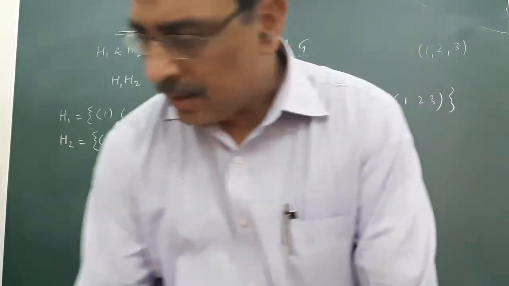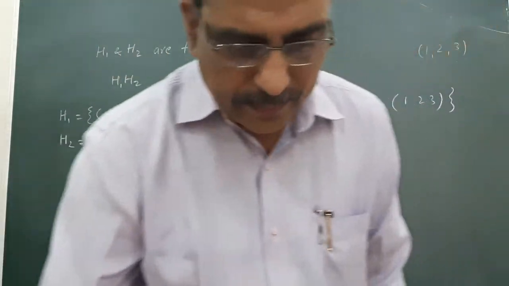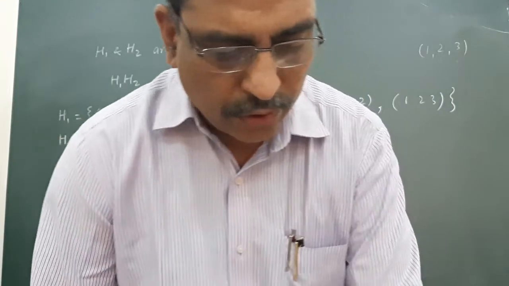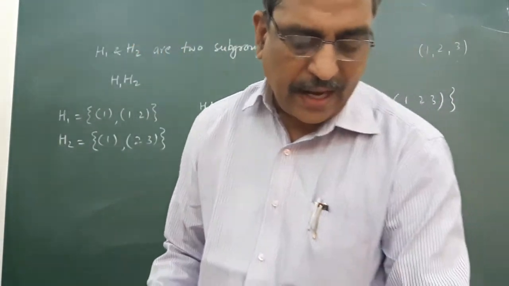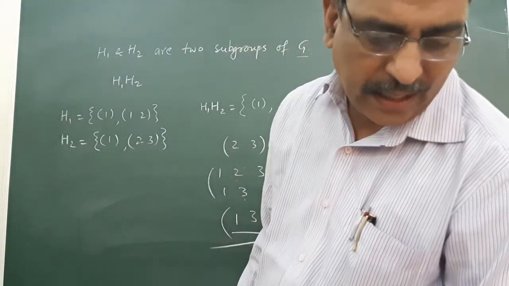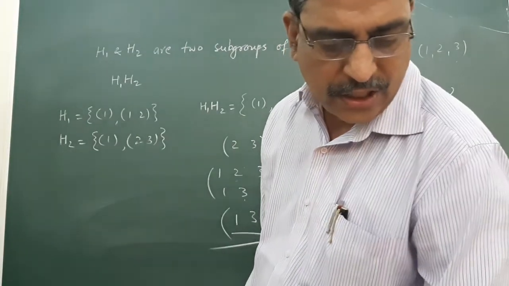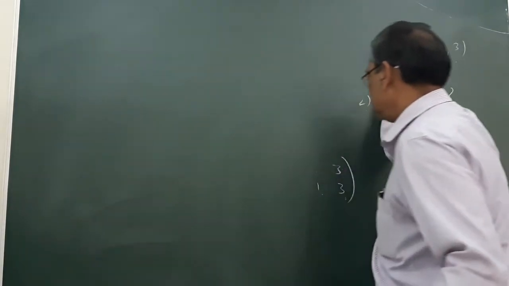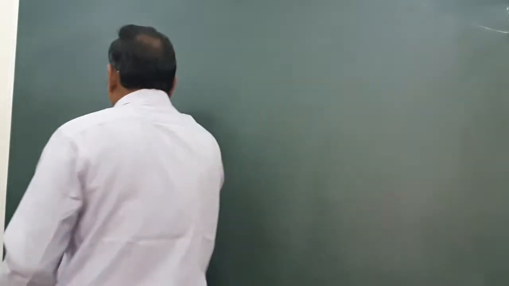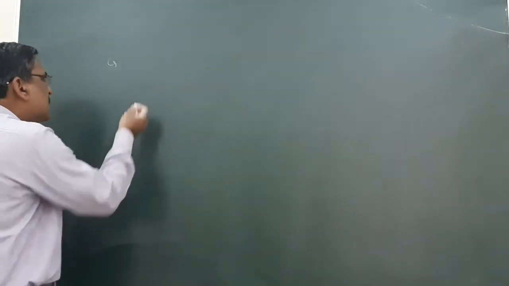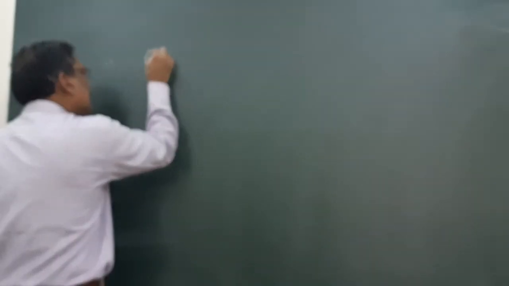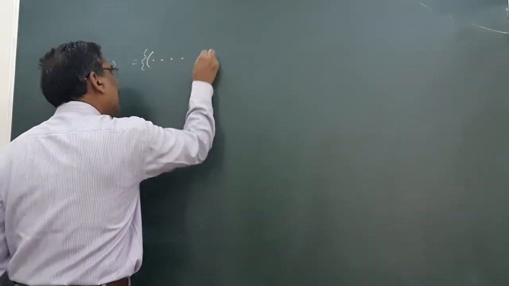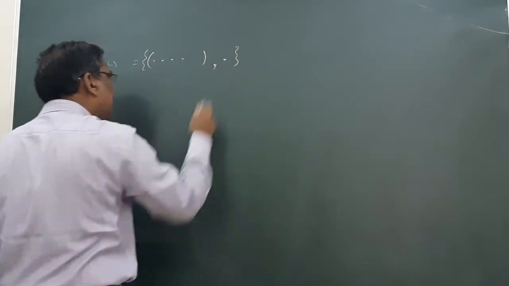Now, one more theorem. Prove that if A is any element of a group G, then H is a subgroup. G is a group having some elements, say these are the elements and this is the operation.